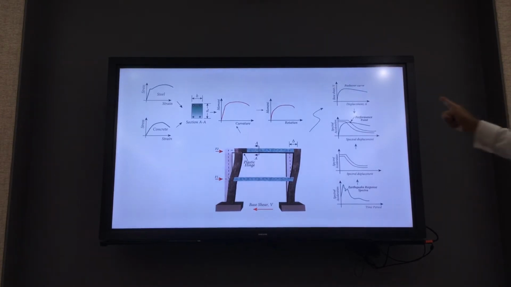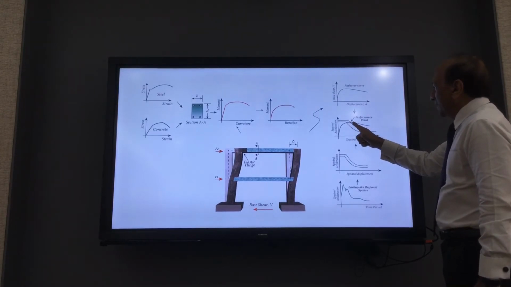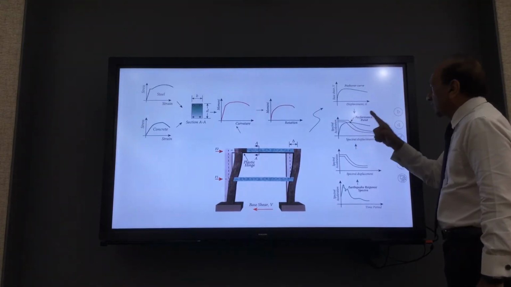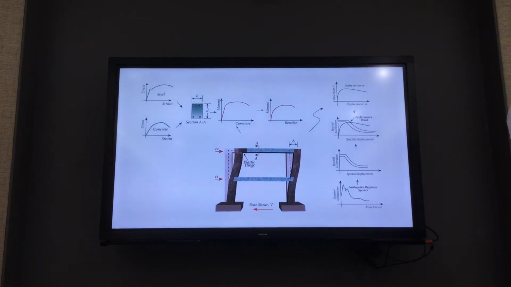And here you can decide at what displacement you want them to intersect. Let's say the spectral displacement is calculated to be 200 millimeter. You can say this is too much, I only want 100. So what do you do?